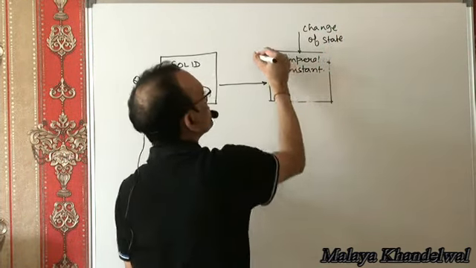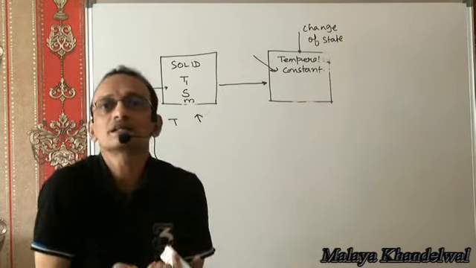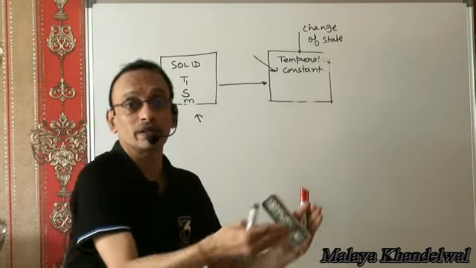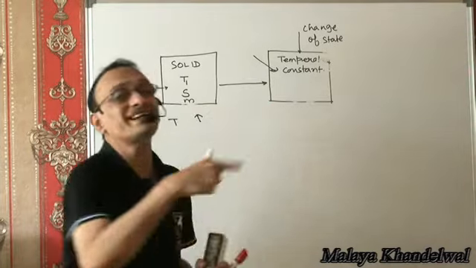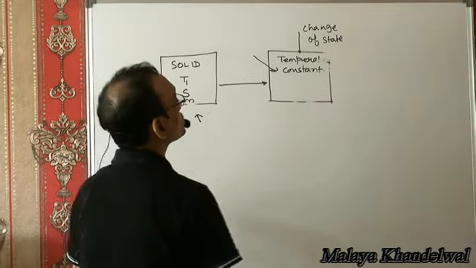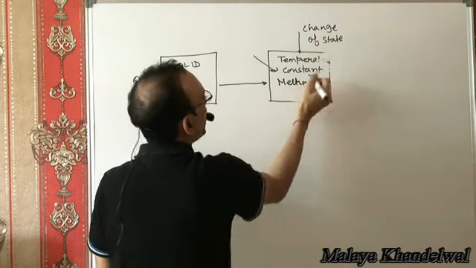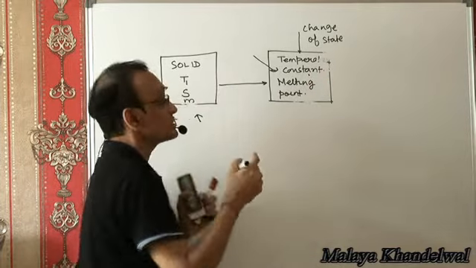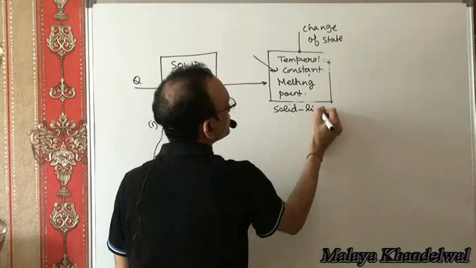All the heat that you're supplying during this process is not enabling increase of temperature. The solid is getting converted into liquid. And this happens at what is called the melting point. At the melting point, there is change of state. Solid to liquid takes place.